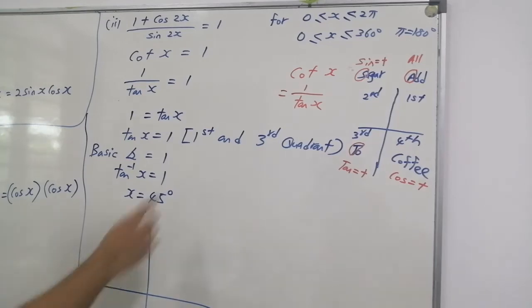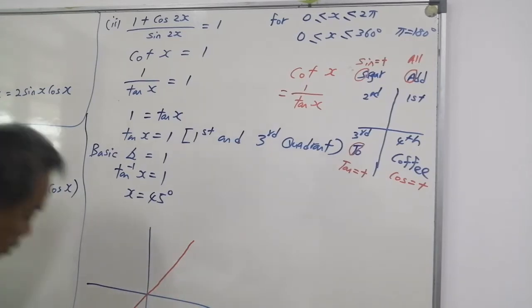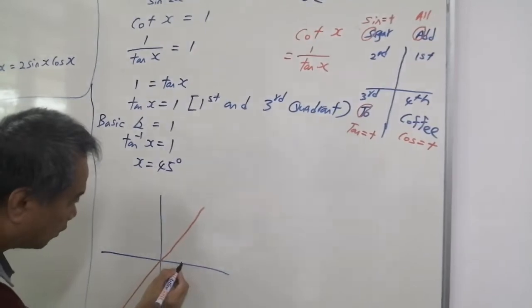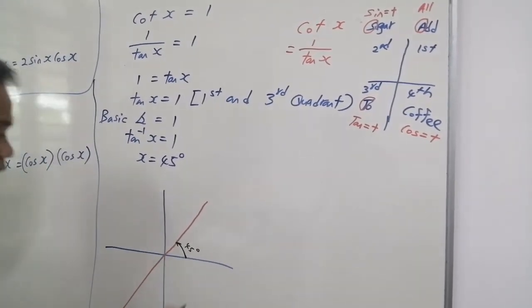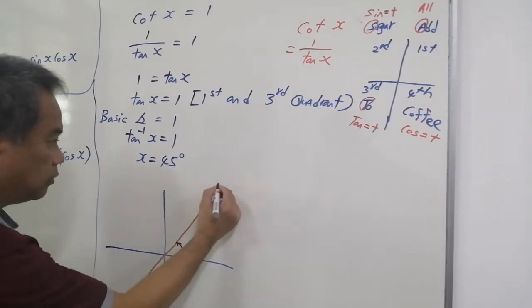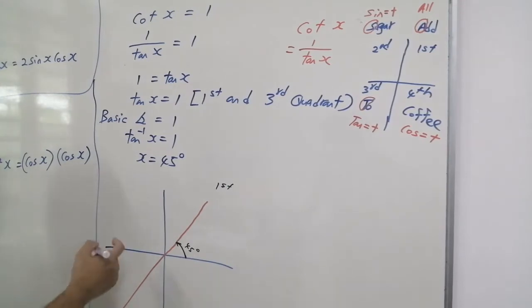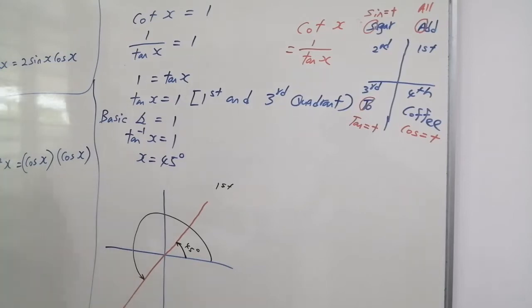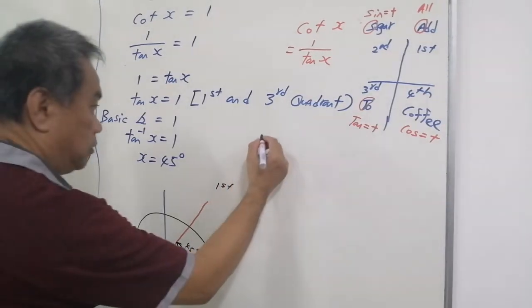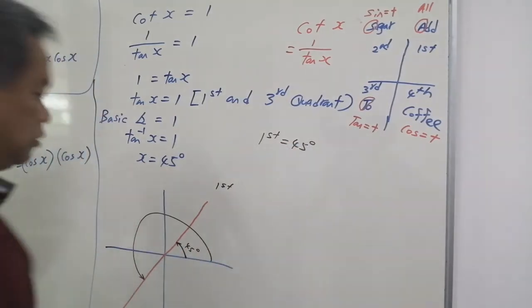Then I need to draw the diagram here. Very simple. First and third quadrant is positive, so jot down like this. Now, this one is 45, another 45. This one is the first quadrant. Now the third quadrant is how much? Here, 180 plus 45. So the first quadrant will be equal to 45. This one is called the third quadrant.